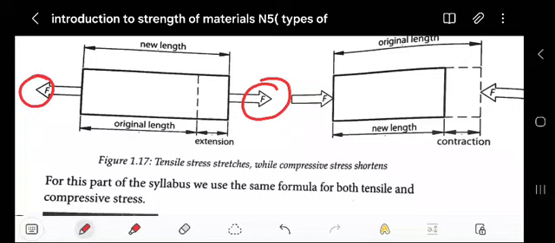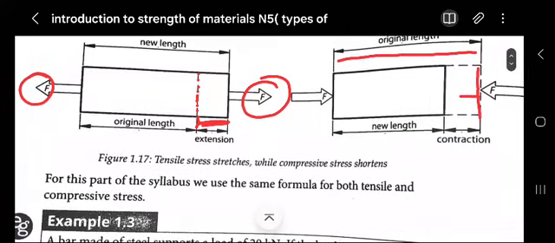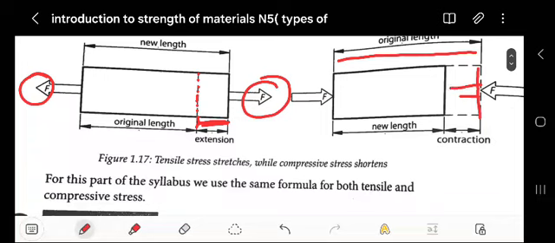As you can see, we apply a tensile force, and the extension is represented by the dotted part, from there until there. This is the extension, and this is the original length. But when you apply compressive force, remember the original length was here, but it's constricted, reduced to this smaller size.